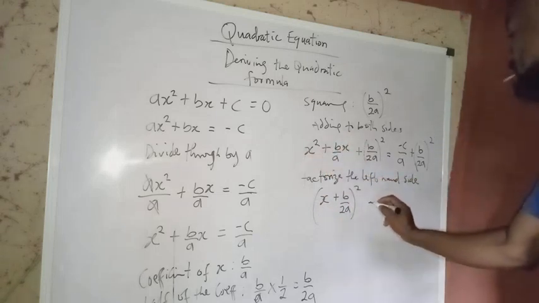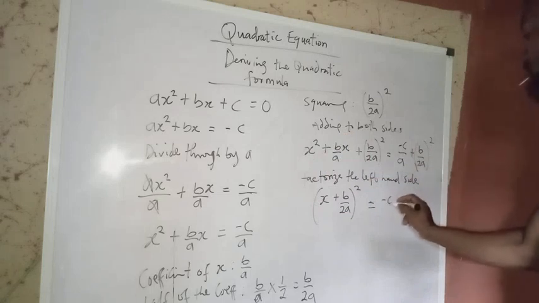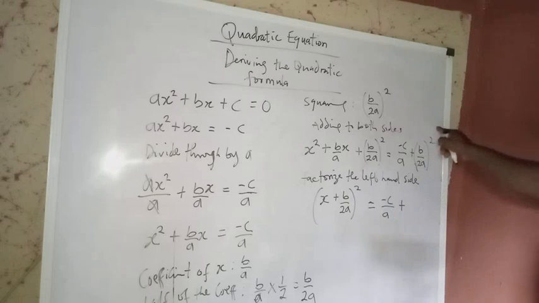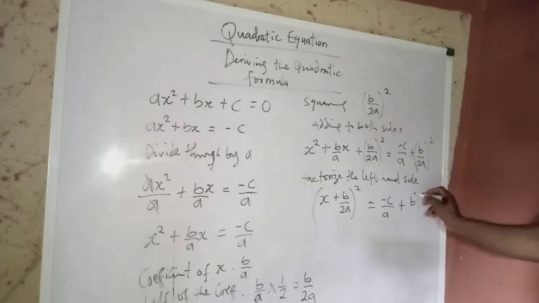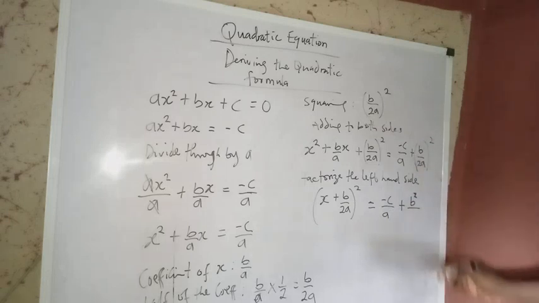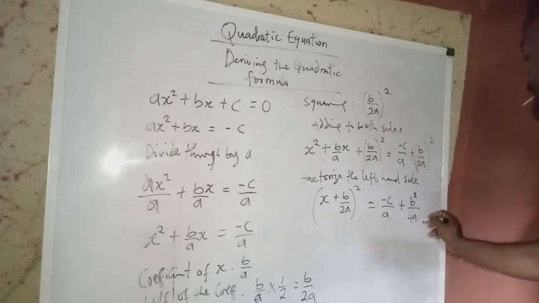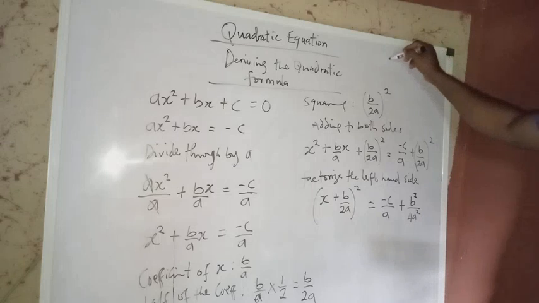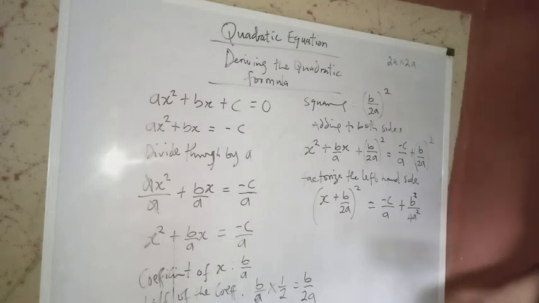So this is now equal to minus c over a plus, but b here is squared, so we can write it as b squared all over 2a squared, which is going to become 4a squared, because 2a squared is the same thing as 2a times 2a. 2 times 2 is 4, a times a is a squared. You get this, right? Good.